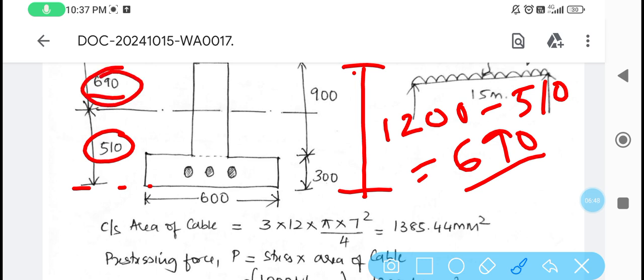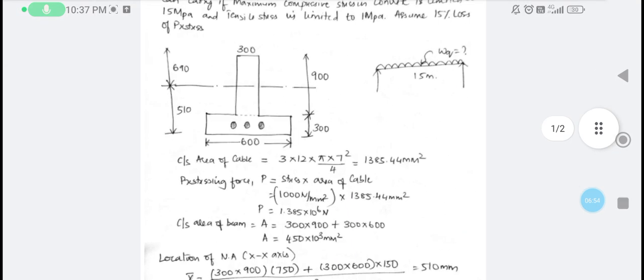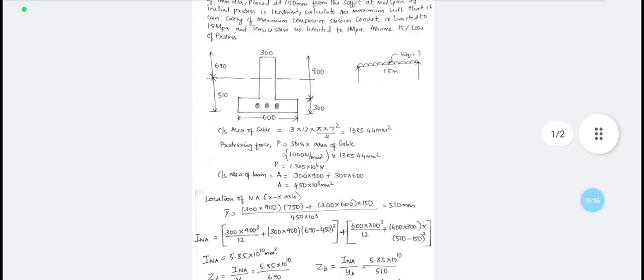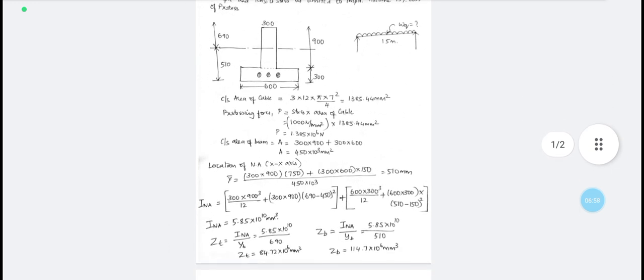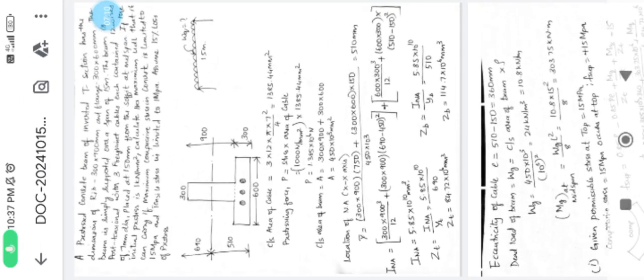And the next step is to determine the moment of inertia with respect to the centroidal axis. Determining the moment of inertia is very important. So let us try to locate the moment of inertia. Let's understand it in a simple and easy way.